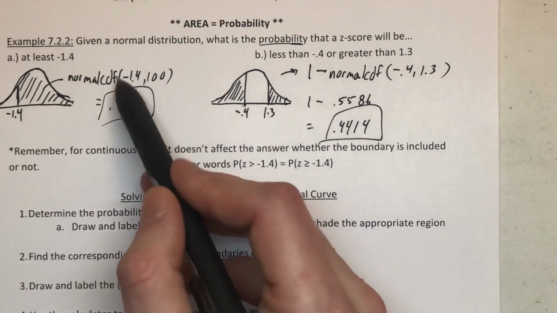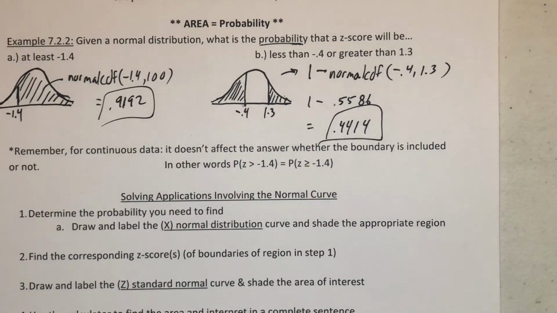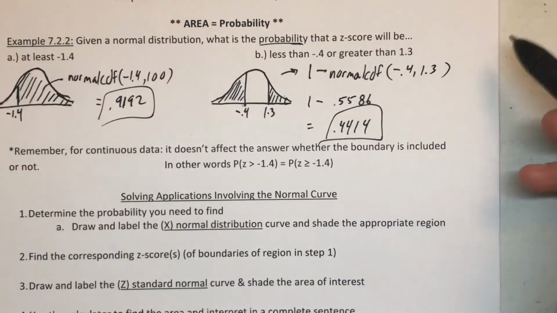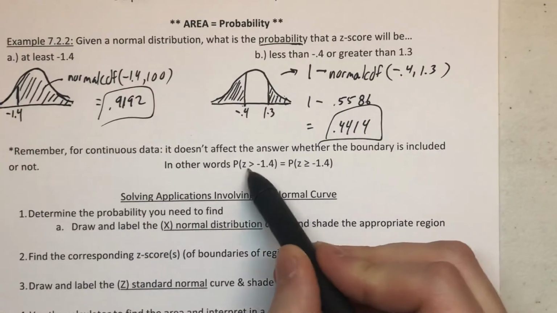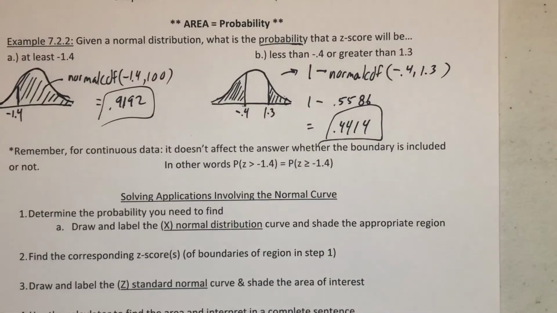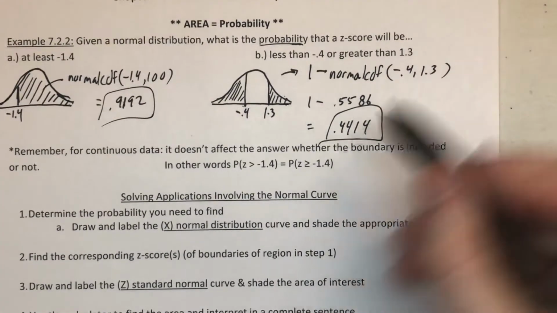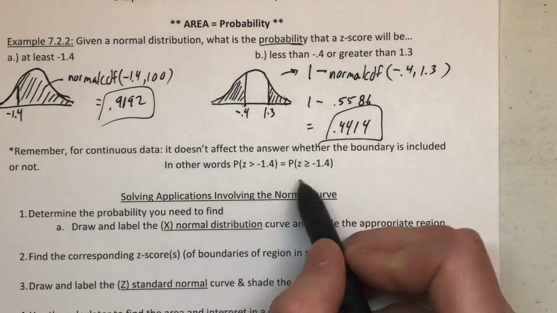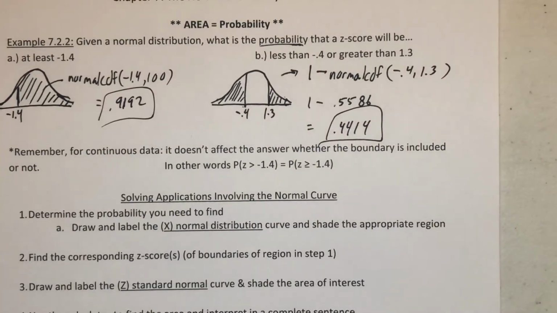There's no way to distinguish that in your actual entering of the numbers or interpreting of the value. So either question, greater than or greater than or equal to, has the exact same answer theoretically with how we're using this process. Don't worry about whether there's a difference there, because there isn't.